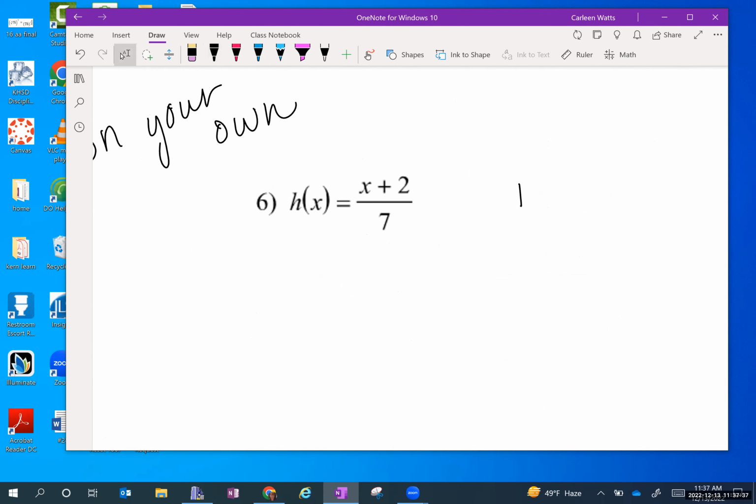Write the inverse. Step 1, we're going to go from function notation to y equals. What's my next step?